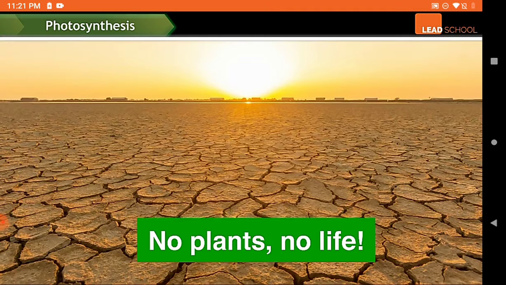So directly or indirectly, every living organism depends upon plants for their food. Plants have a very important part on Earth, for our environment, for the life of every living organism.